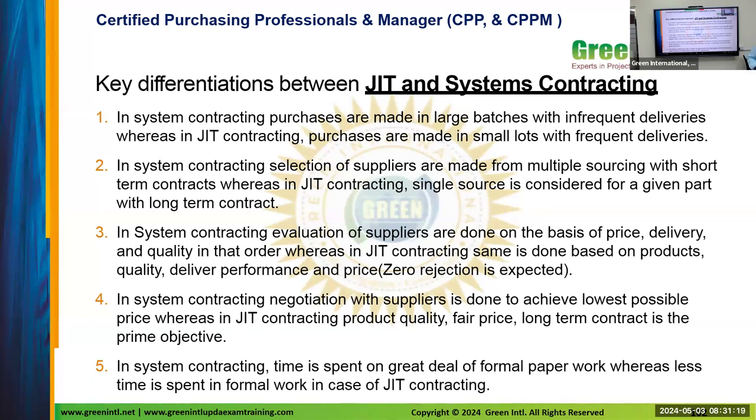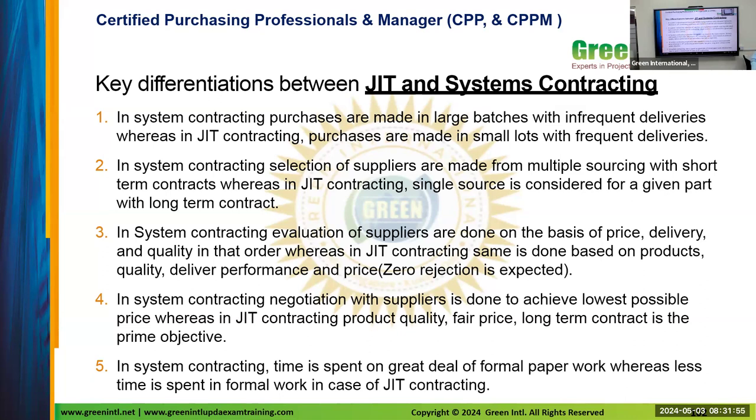As I told you, in system contracting, it's about the stock maintained for some spare parts or machine. In that case, it's not going into the final product, and it's very rare that a wrong item received will affect the final dispatch of the product. However, in a just-in-time case, since critical raw materials or components are being procured, what happens if even a single rejection comes?